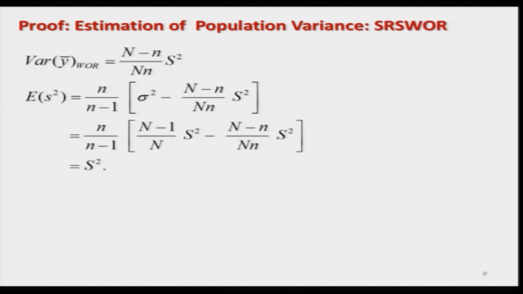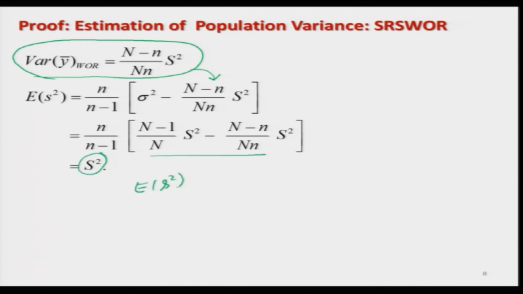In the first case, the variance of y bar under WOR was given by this expression, (N minus n) upon N n times S square. I substitute the variance of y bar here by this quantity, and if you simply solve it, you easily get capital S square. So I can say the expected value of small s square is equal to capital S square.